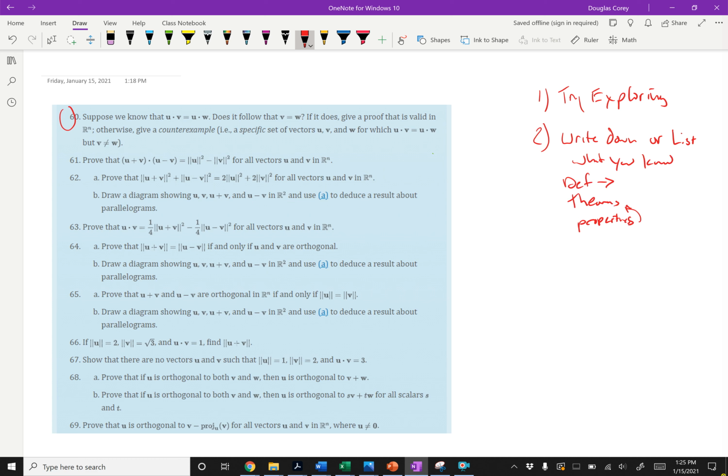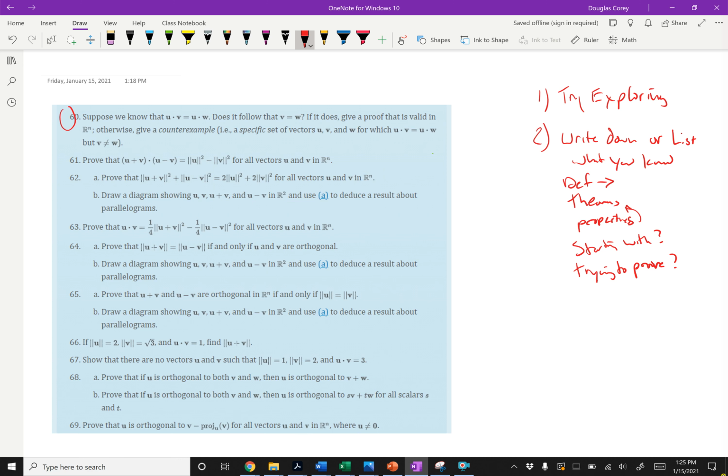So write down or list the things that you know. This could be the things you're trying to prove, or the things you're starting with. Both of those things.